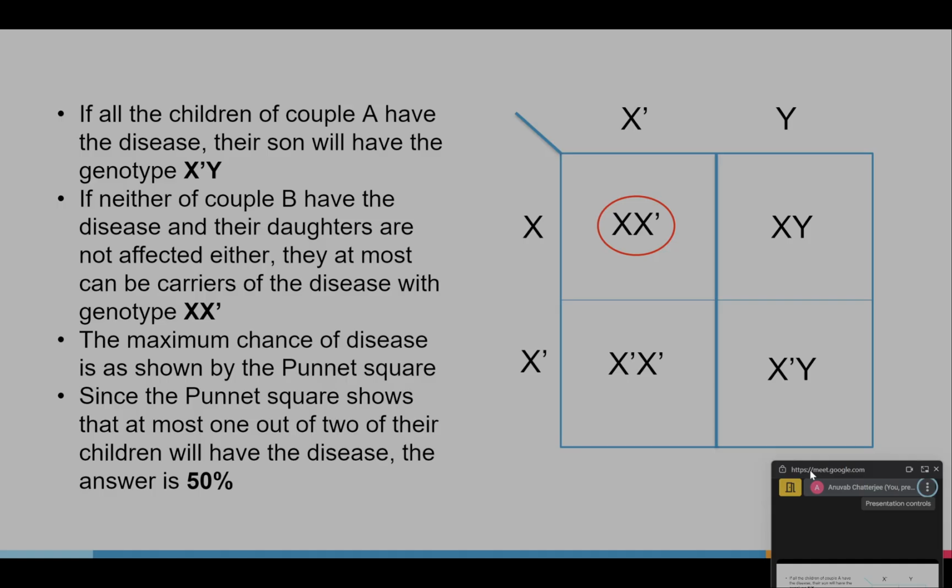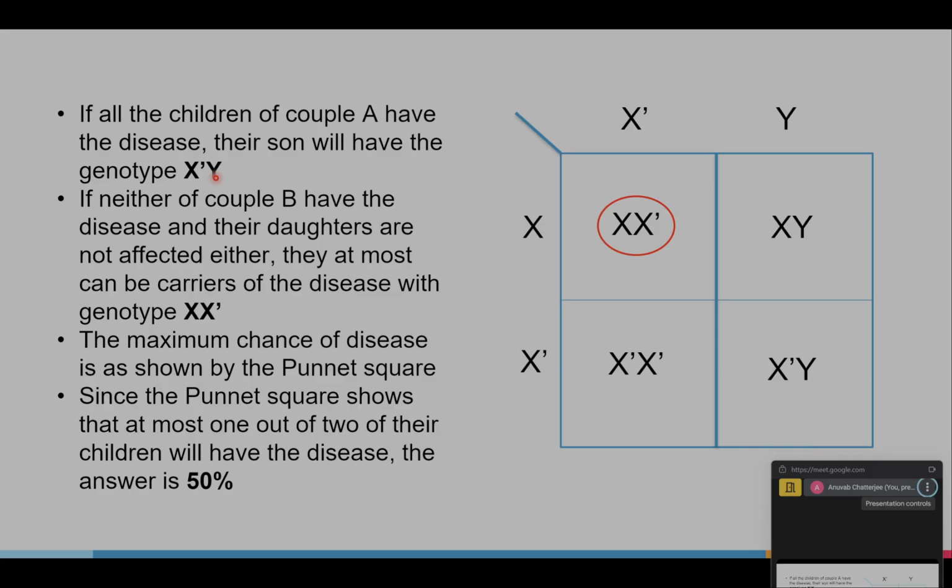So given the information from the question, let us start looking at it. If all the children of couple A have the disease, which is what the question means, then their son will need to have the genotype X'Y, because obviously if it is an X-linked recessive disorder, then it is on the X chromosome.